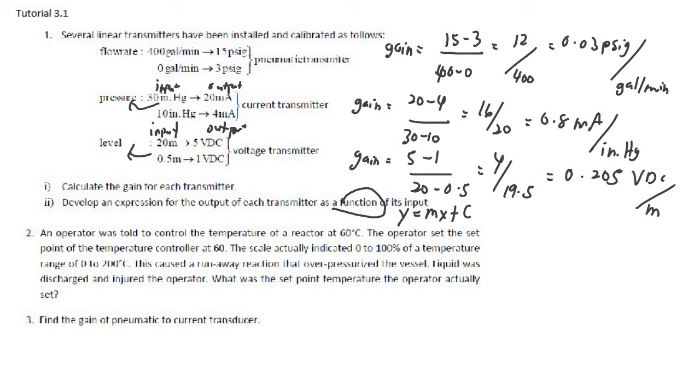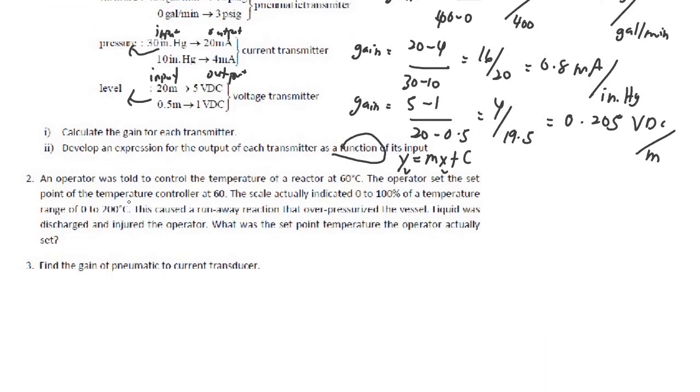This equation shows the output y as a function of its input, which is x. Okay, so let's try to do one by one. We have three: flow, pressure and level. So for question number 2, we start with flow rate.